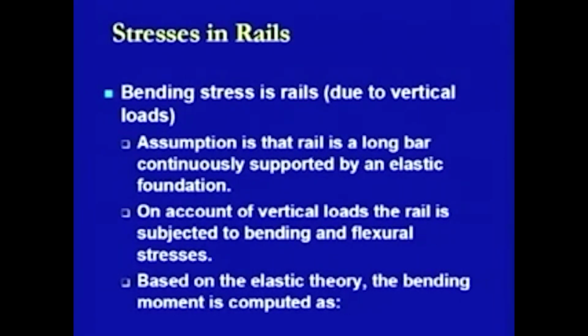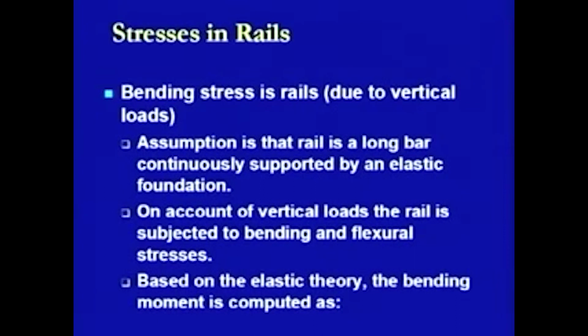Why we say it is an elastic foundation is that whatever load is coming from the top is obviously going to create some deflection in the system. When there is a deflection, the system will go down by some amount, but as soon as the load is removed, it comes back to its normal condition, and that is where the elastic foundation assumption remains valid.